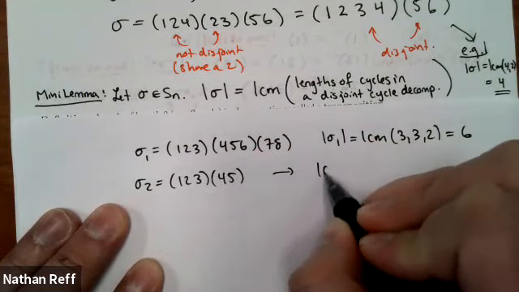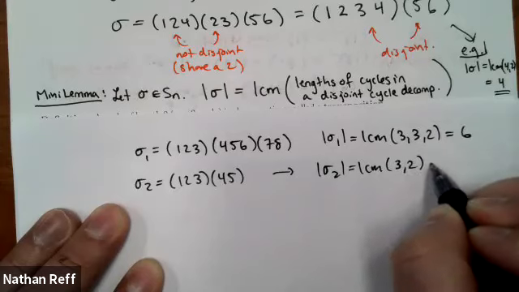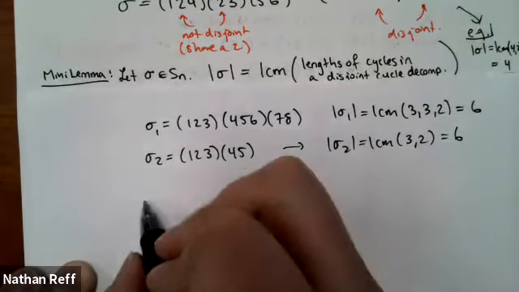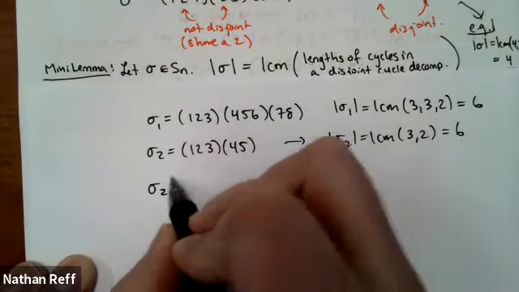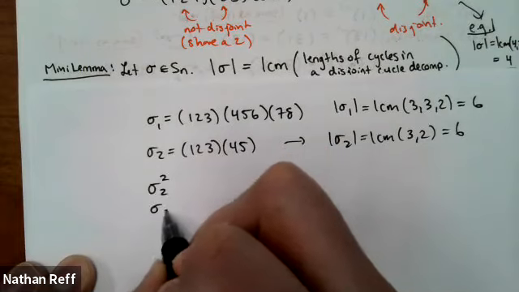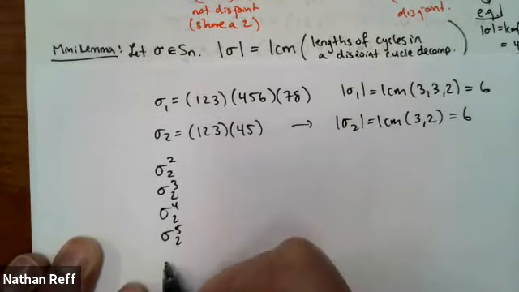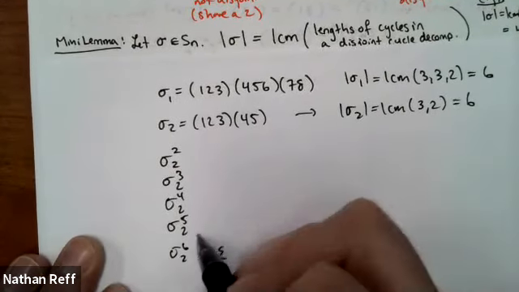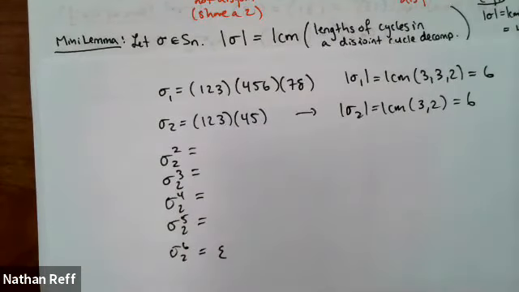This one would also be the least common multiple of 3 and 2, which is 6. I encourage you to compute what the square is, what the cube is, the fourth, the fifth, and the sixth. The sixth should get you to the identity, and this would be a good problem to get used to doing these calculations.